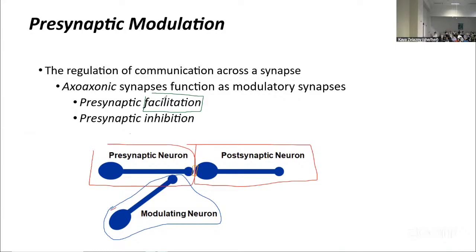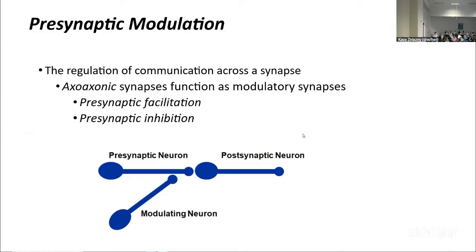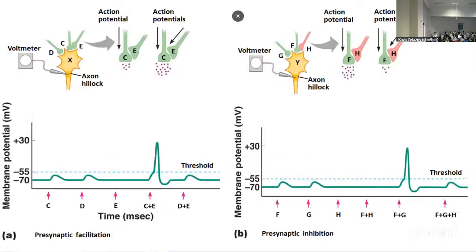And so presynaptic facilitation is going to make it easier for us to release more neurotransmitter here from that presynaptic neuron. Presynaptic inhibition is going to make it harder. We have presynaptic facilitation, easier, presynaptic inhibition, harder. So what's that going to look like? Messy.